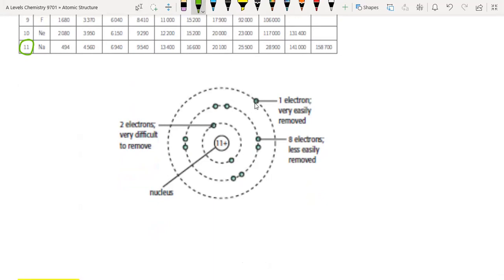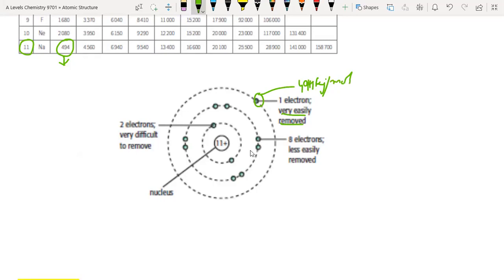For example, sodium has a first ionization energy of 494. It means this energy is less, so this electron can easily be removed by providing 494 kilojoule per mole of energy.